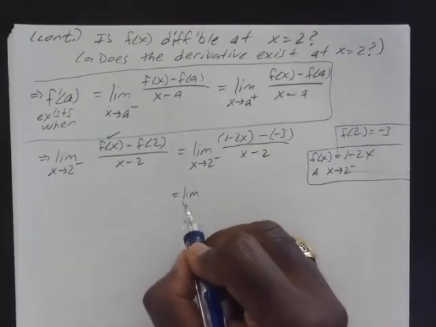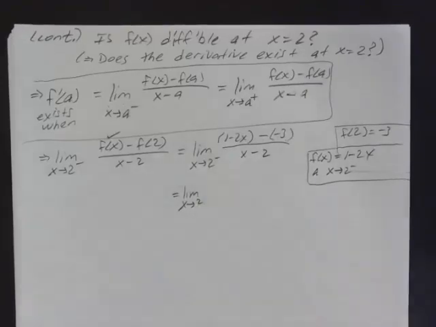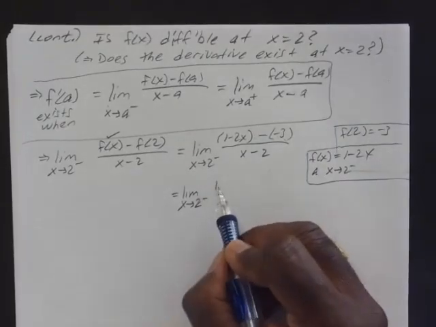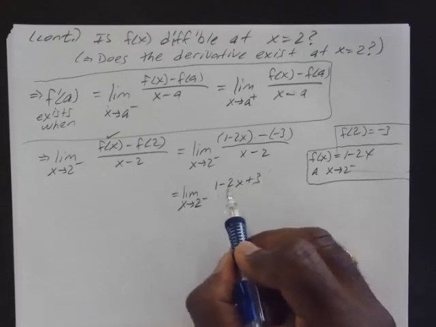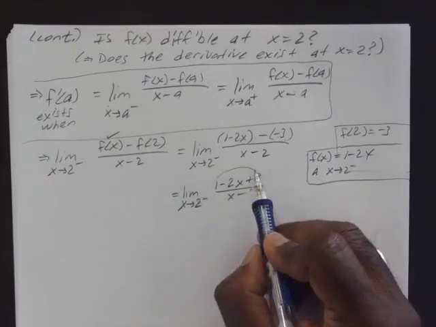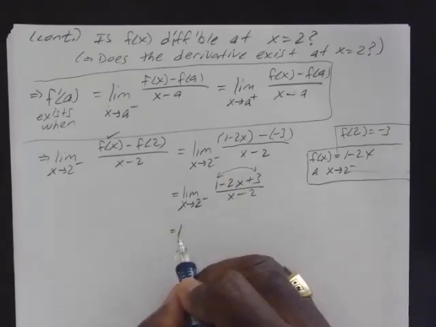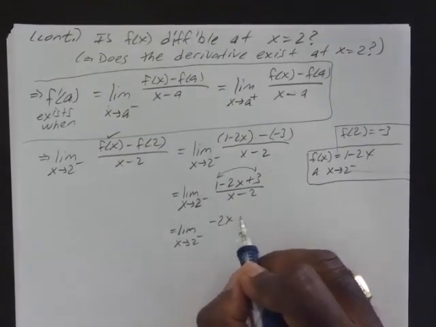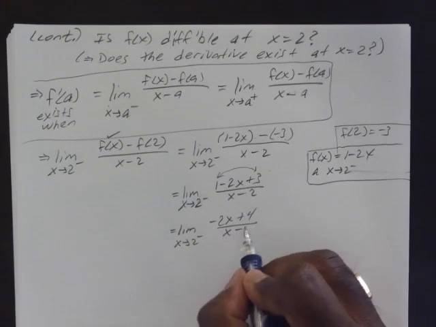So the limit as x approaches 2 from the left of 1 minus 2x plus 3 all over x minus 2. If we combine the 1 and the 3, we get the limit as x approaches 2 from the left of negative 2x plus 4 divided by x minus 2.